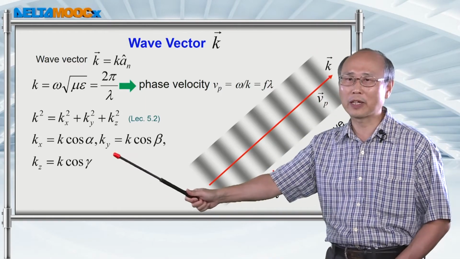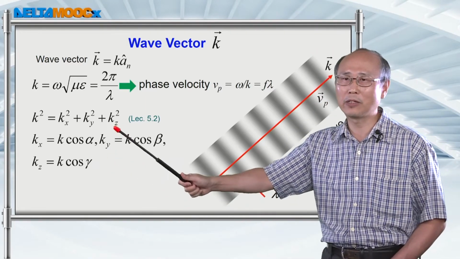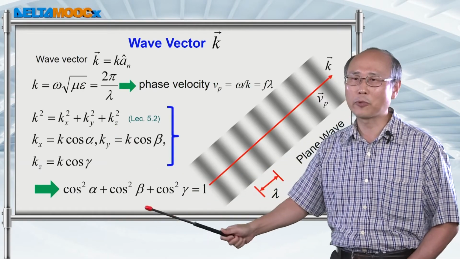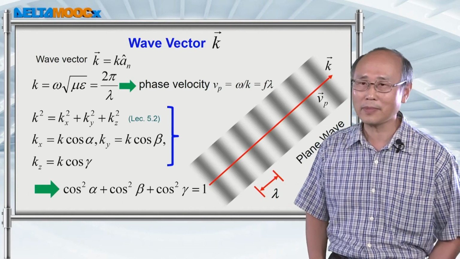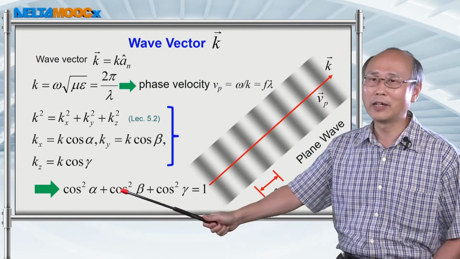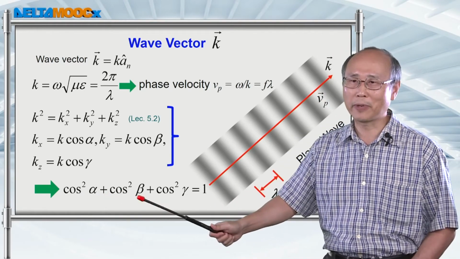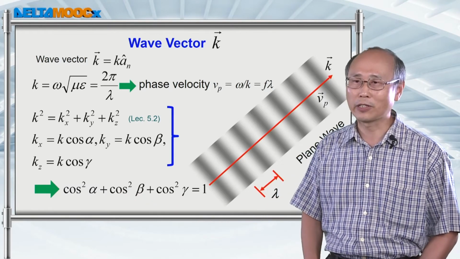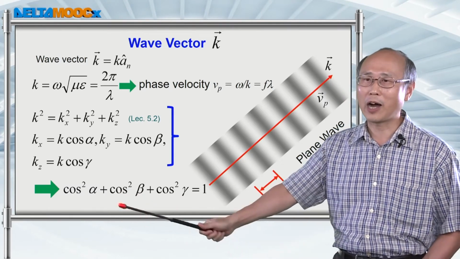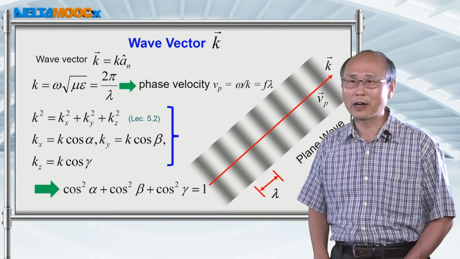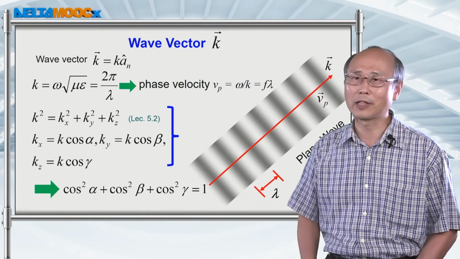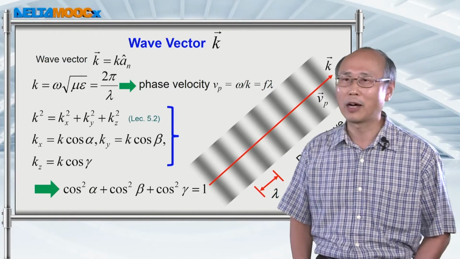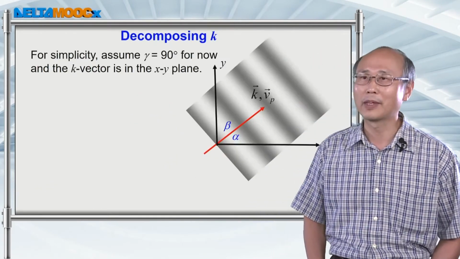So if you just put this kx, ky, kz into this constraint, you come up with the constraint on these three angles. It tells you that if you choose two angles in space, then the third angle is already fixed. So alpha, beta, gamma are not totally independent, and you need to follow this rule to set the angles for your plane wave.